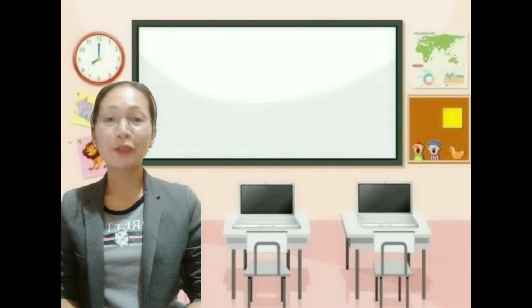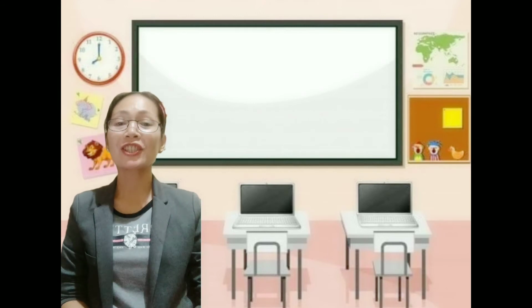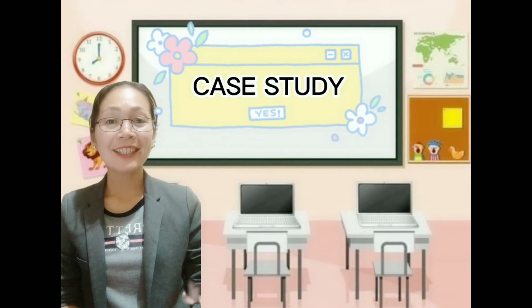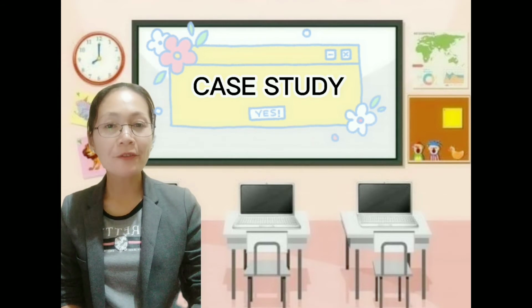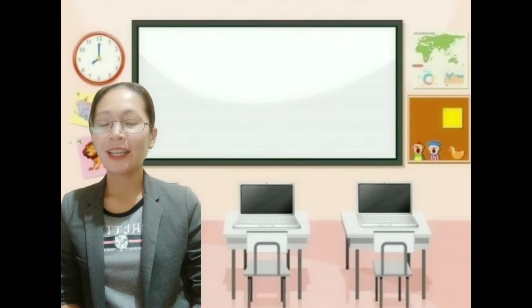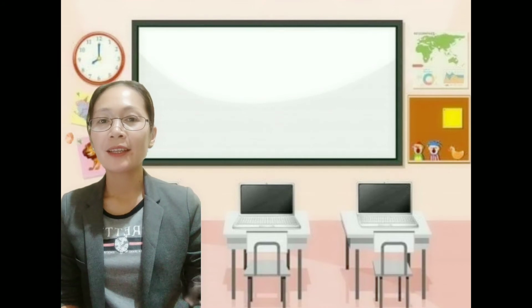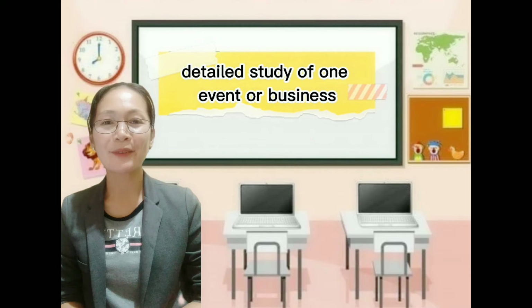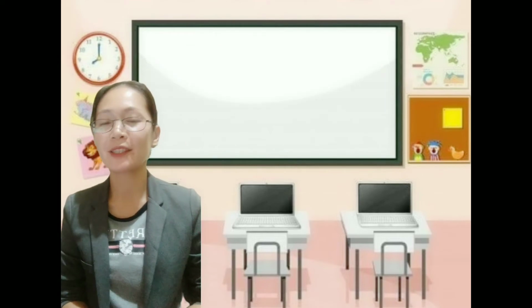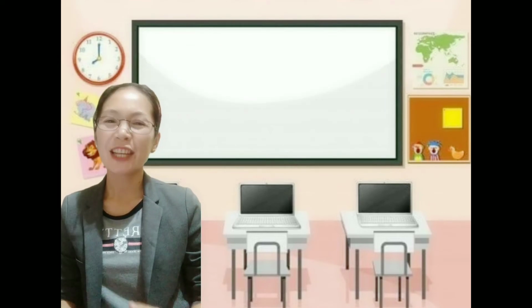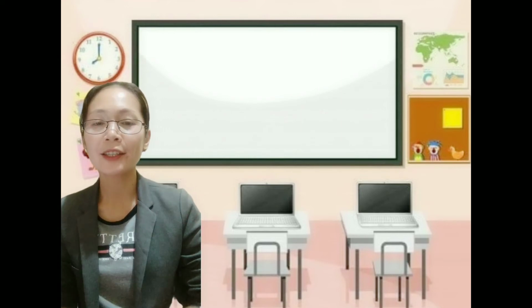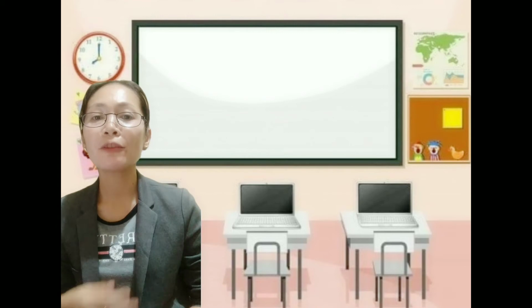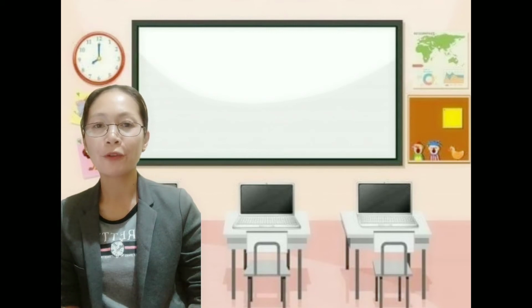Now let's go to the third type of qualitative research, which is the case study. Case study is made famous by Harvard Business School. It is a detailed study of a specific event or a business, or organization, or town, or city. For example, you want to know the strategies being used by small businesses, that's why they are very successful.